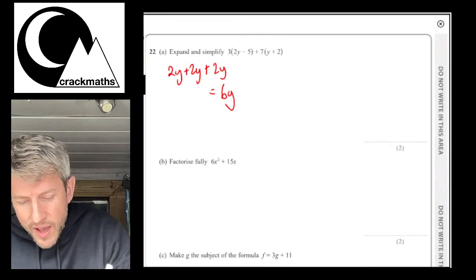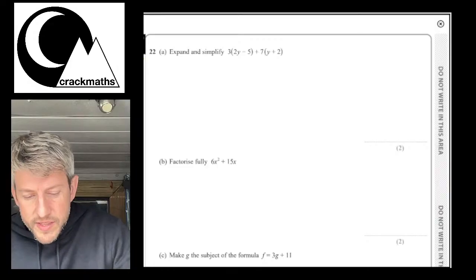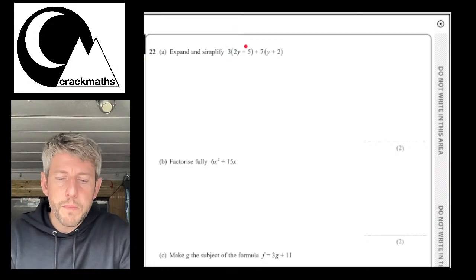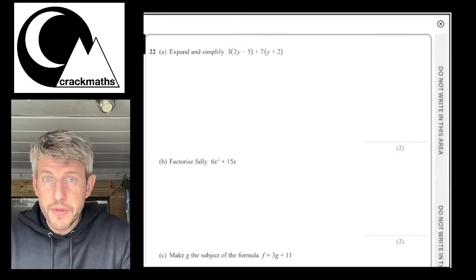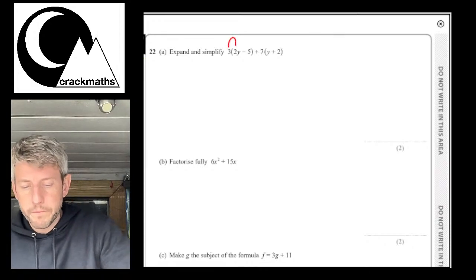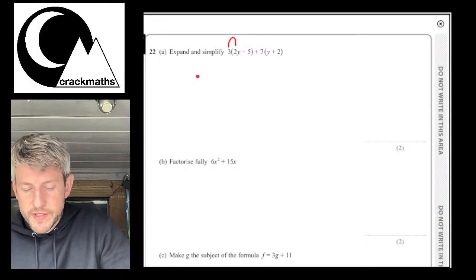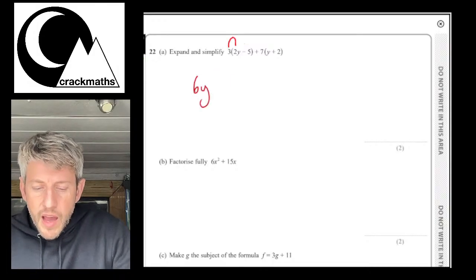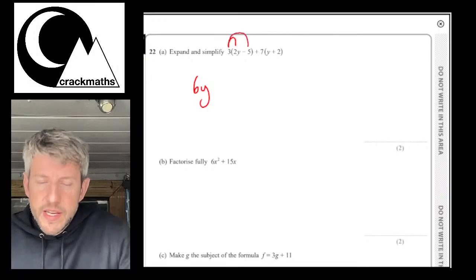But there's actually a better way of doing it, which is simply to think about multiplying the contents of the bracket by the number that's in front. So first we've got 3 times 2y, which gives us 6y. And then we've got 3 times negative 5.